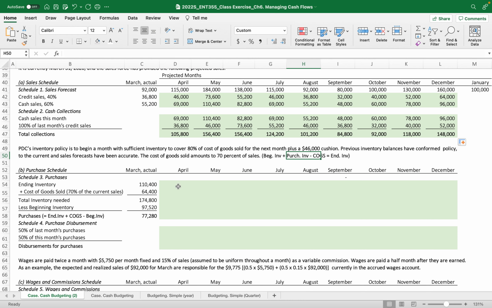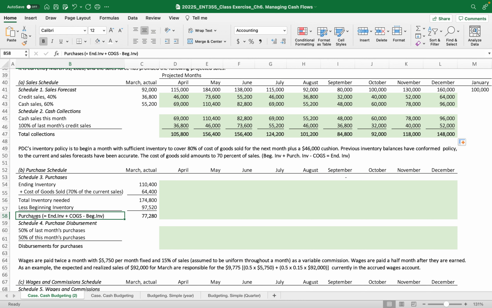If we have the ending inventory policy, which is fixed, like the $46,000 cushion plus 80% of the cost of goods sold for the next month, and then we have the cost of goods sold, a certain percentage of the current sales, then we get the total inventory needed. That is the base, right? And then minus the beginning inventory, which is the ending inventory of the prior month, then we can finally extract the purchases.